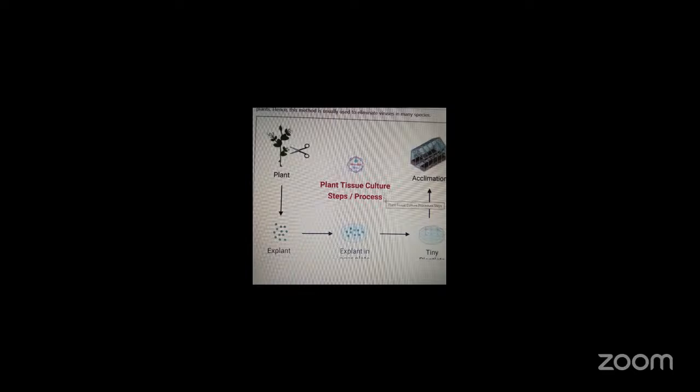Okay. So another topic is the anther and pollen culture, ovule culture also. We have already discussed anther culture and pollen. So what is the anther culture here?